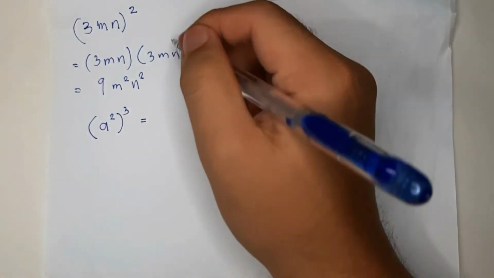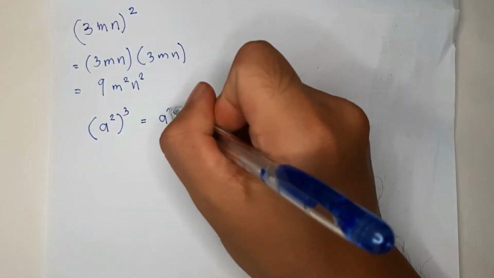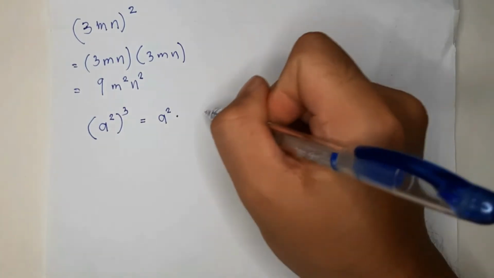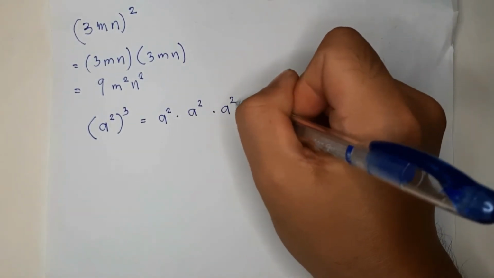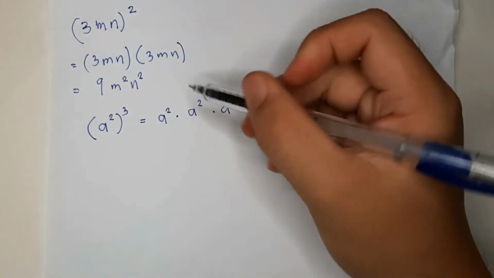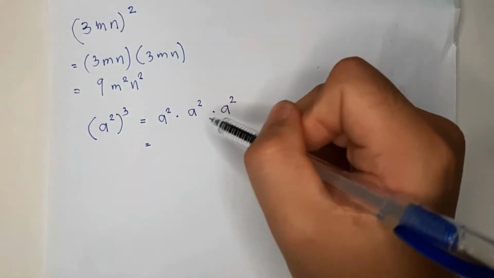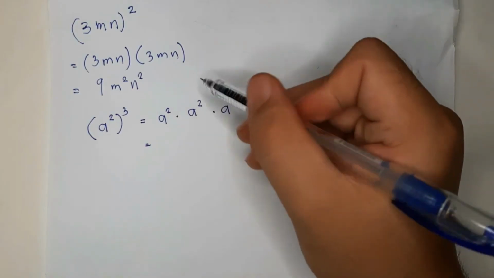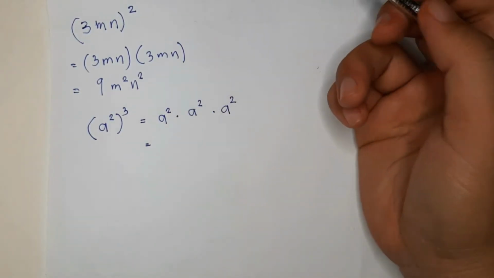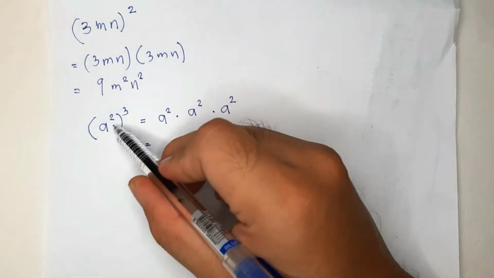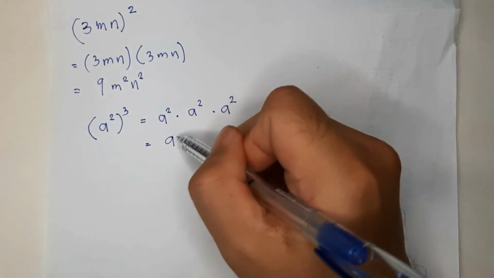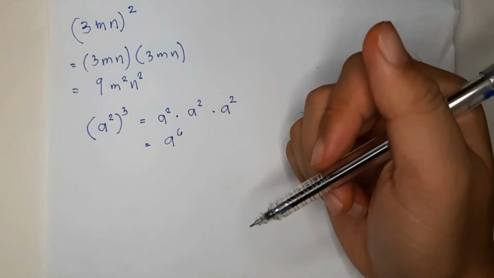So if we split them up, we have a squared times a squared times a squared, because we have a squared raised to 3. So the answer is we just add them, which is 2 plus 2, 4 plus 2, 6. Or multiply, 2 times 3 is 6. So, a to the 6th power.